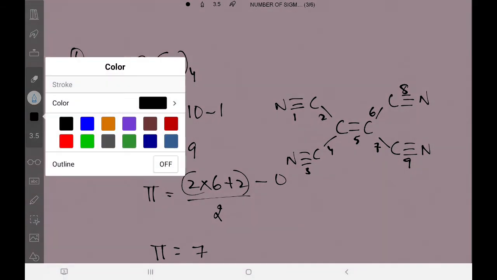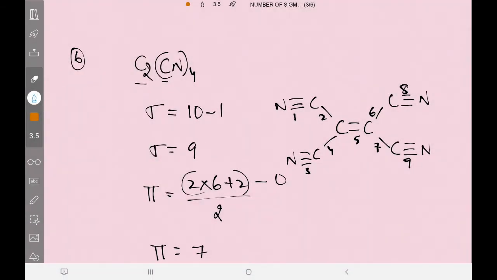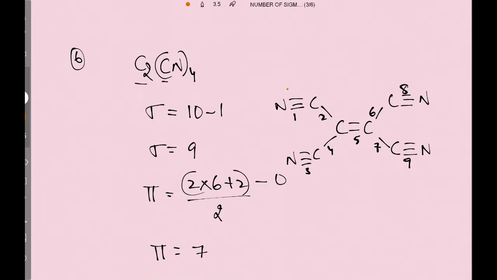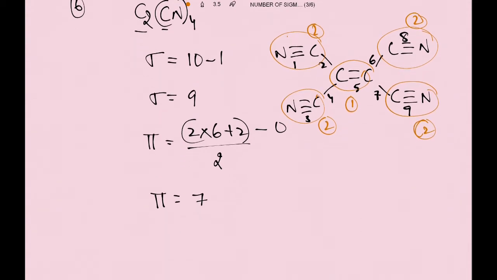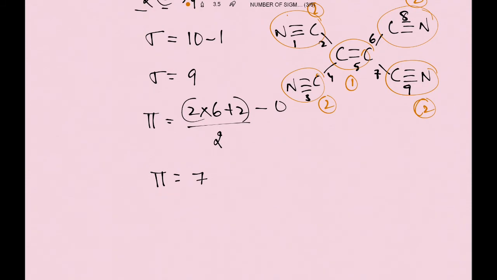If you count the number of pi bonds, here we are having 2, here 2, here 2 pi bonds, here 1 pi bond is there, here 2 pi bonds, here 2 pi bonds. So total number of pi bonds are 7.